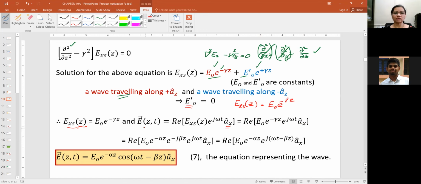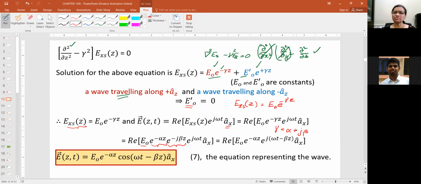Now let us look at the next step. Real part of E naught, and do you remember what your gamma is? Gamma was equal to alpha plus j beta. So let's use that here. When you use that here, you get E naught, then e to the power of minus alpha z, then e to the power of minus j beta z.